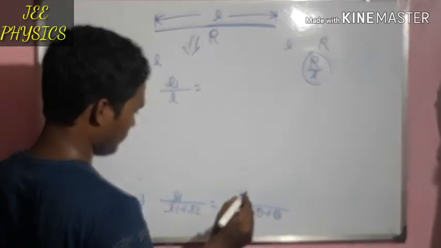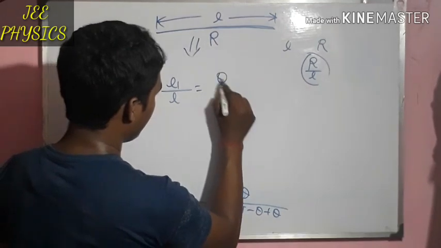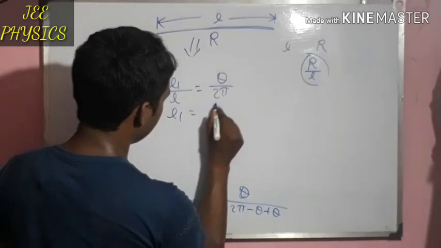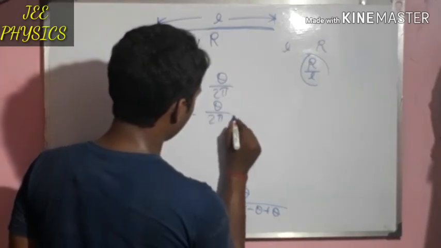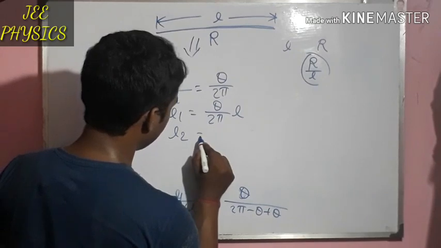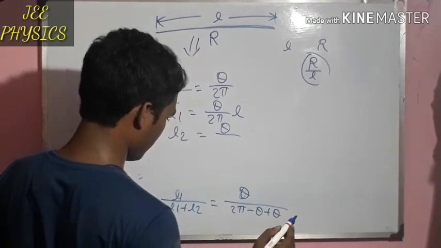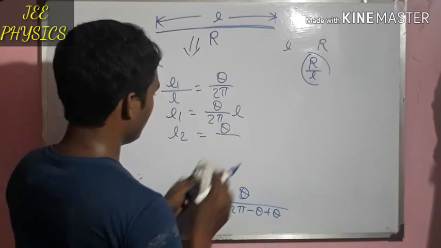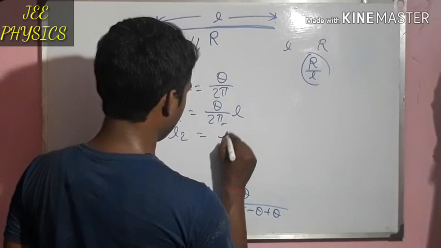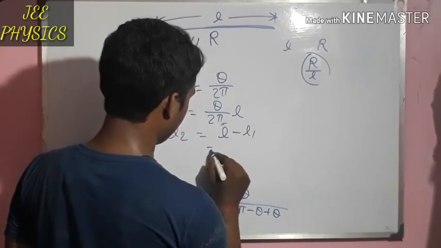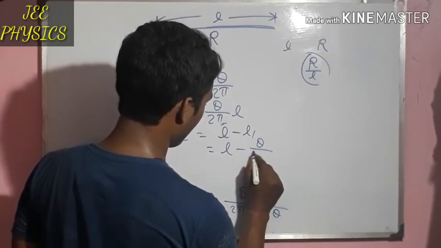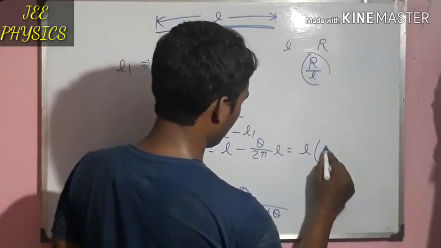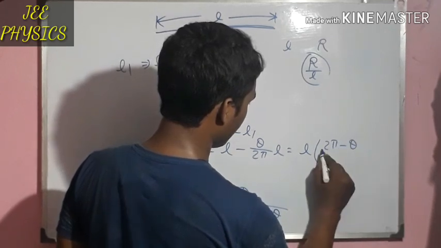It is equal to theta by 2 pi. So therefore L1 is theta by 2 pi into L, and L2 is, sorry, L2 is L minus L1, that is L minus theta by 2 pi into L. It is equal to L into 2 pi minus theta by 2 pi.